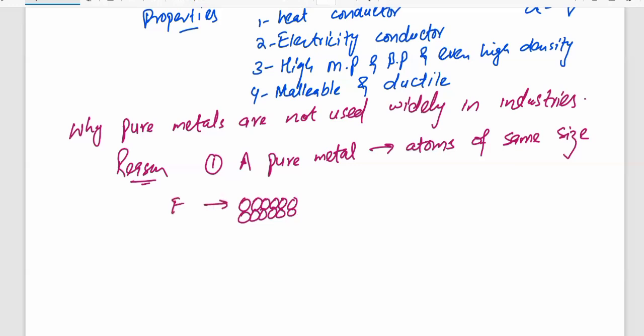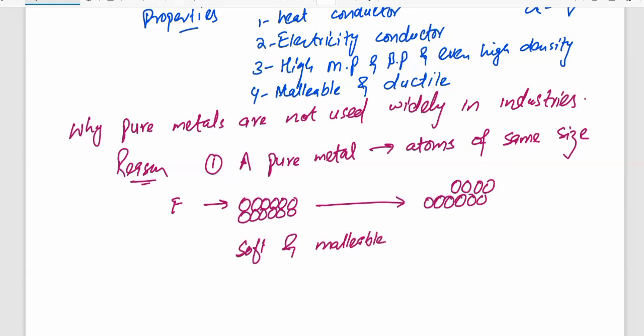So this is the force. What happens as a result? They slide over each other. In this way, you can say they have more malleability. They are soft and malleable, meaning they can easily convert into sheets. The second thing is that pure metals corrode.